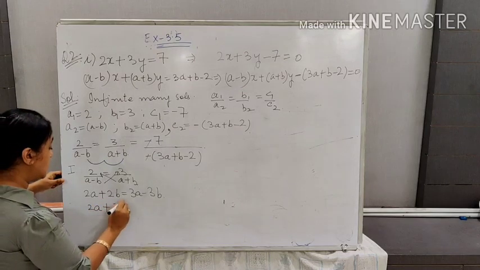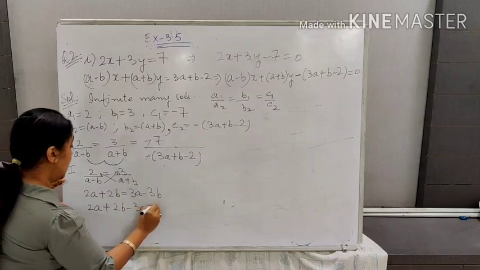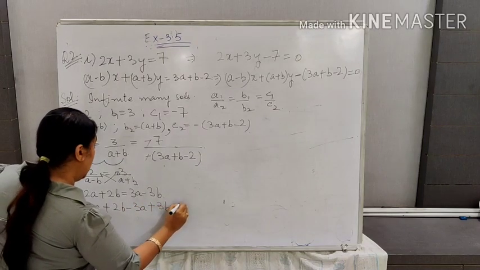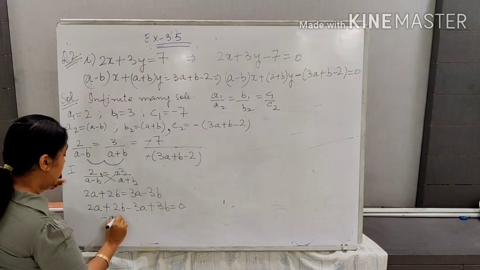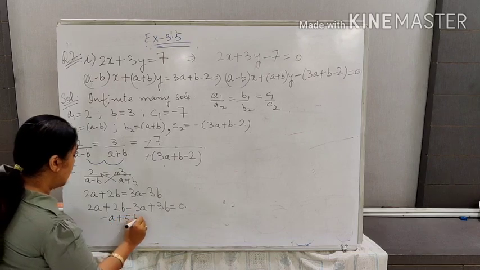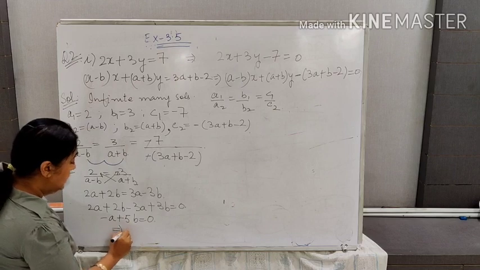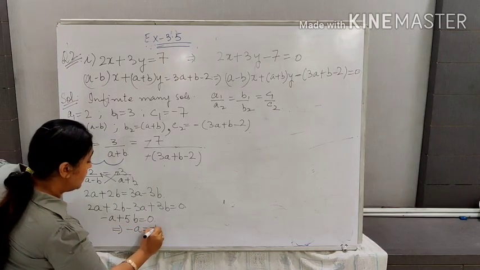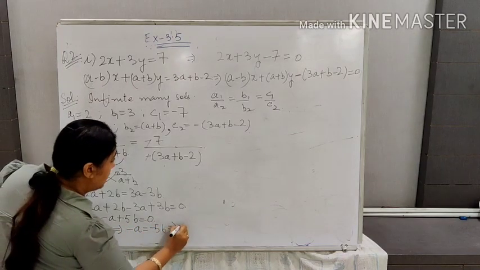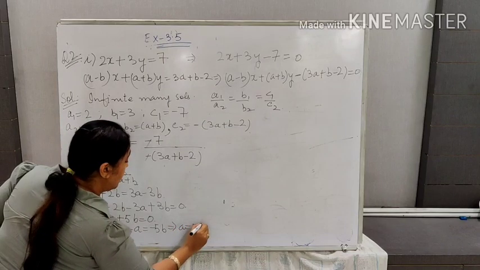2a plus 2b minus 3a plus 3b equals 0. Then you got minus a plus 5b is equal to 0. And from this you got minus a is equal to minus 5b, which implies a is equal to 5b.